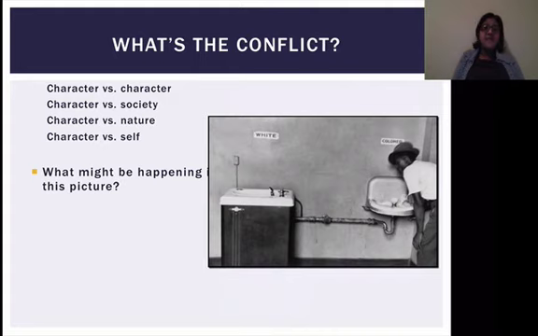This African American man is having to face the unfortunate circumstances of segregation many years ago, and so you can see that he is bound to the laws of society which are forcing this segregation, which is unjust, which is unequal. So this would be an example of character versus the norms and laws of society which were keeping people of different races apart.